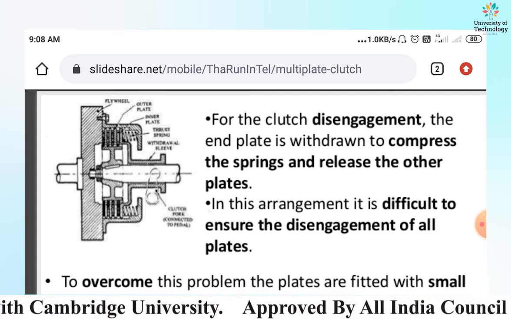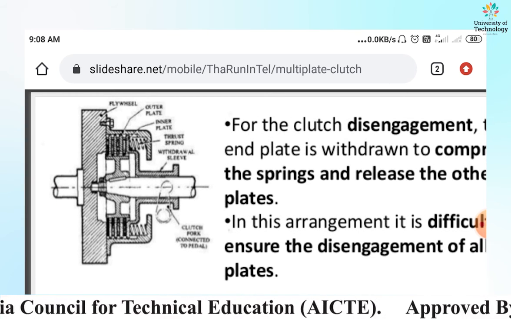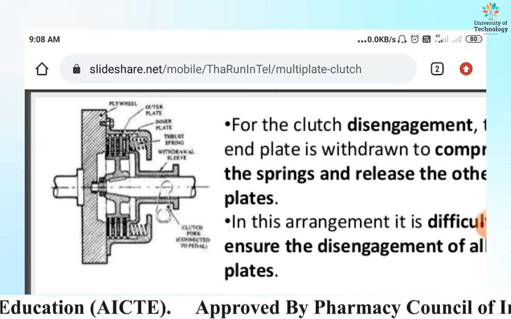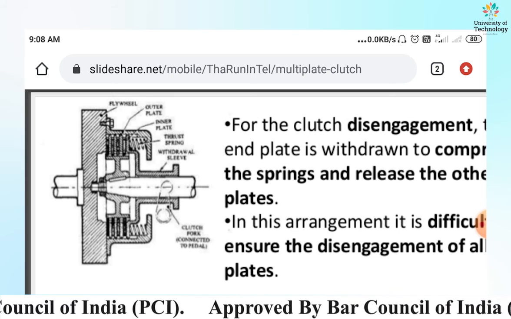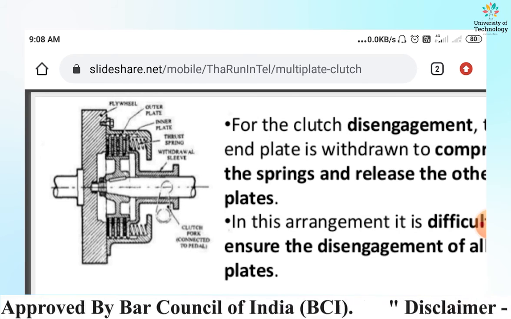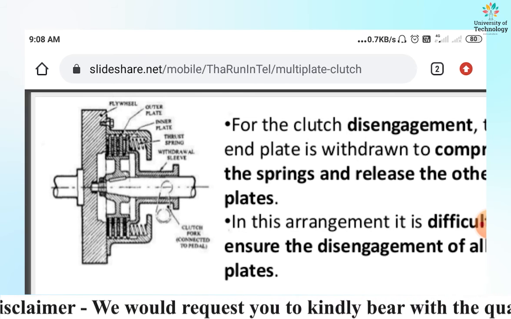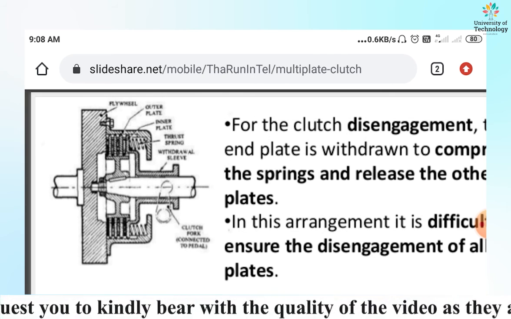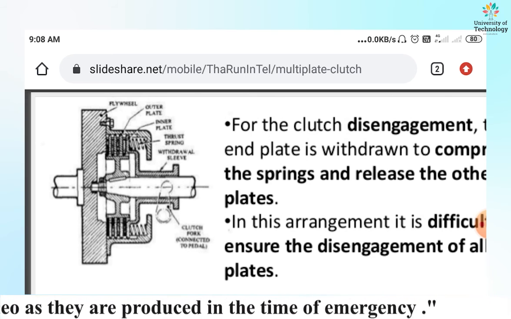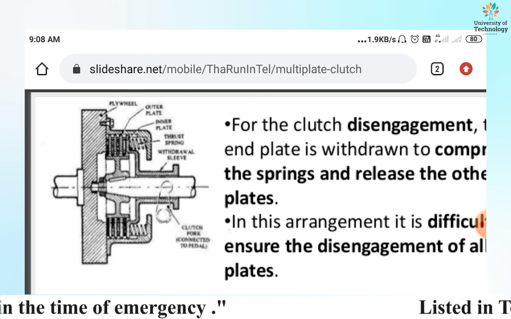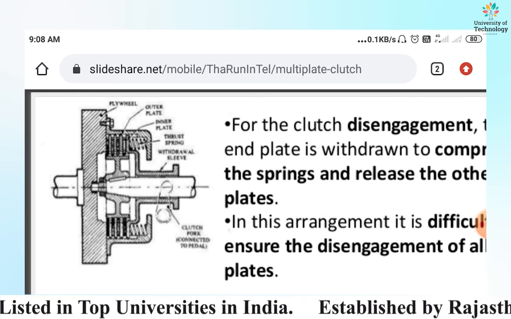The figure shown in the following diagram is more appropriate to understand the multiplate clutch. In this diagram, two shafts are shown which are engaged or disengaged by the application of the multiplate clutch to transmit power from one shaft to another: the input shaft and the output shaft.